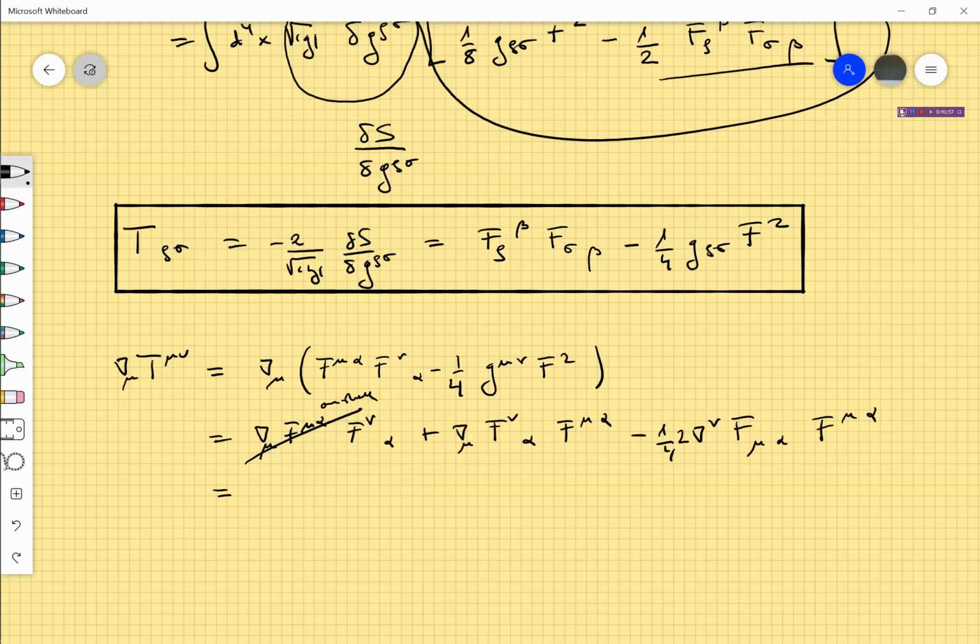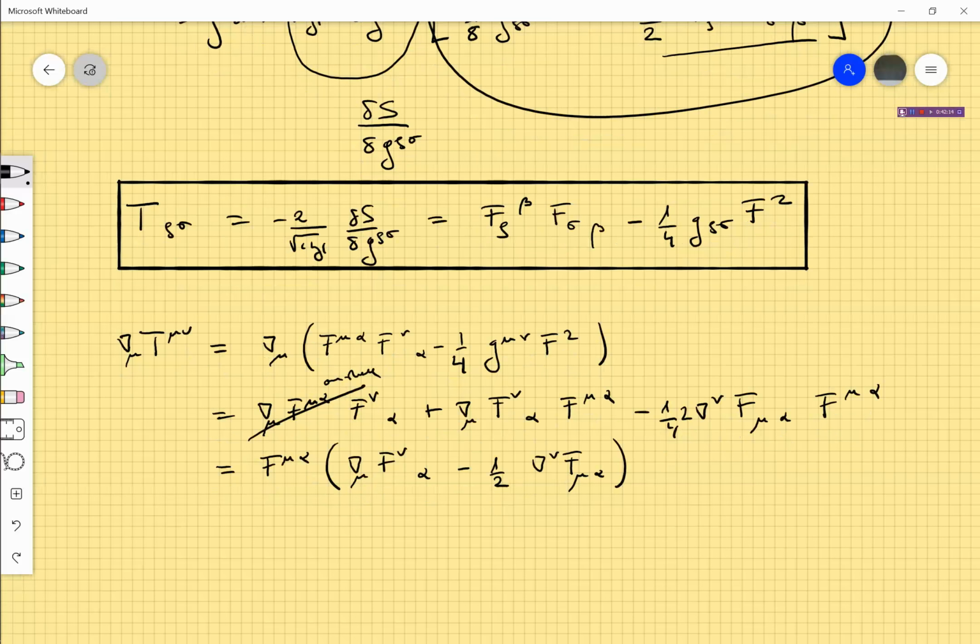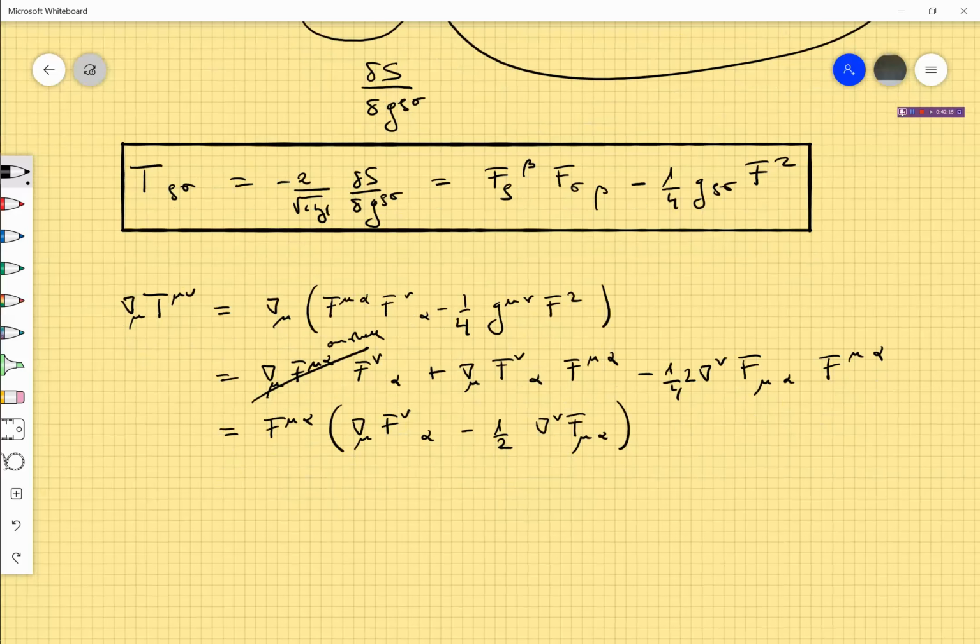Okay, so I get a common factor f mu alpha, and here I write mu alpha minus 1/2 of nabla nu f mu alpha. Okay, because this is contracted with mu and alpha, which is antisymmetric, this is automatically antisymmetrized.